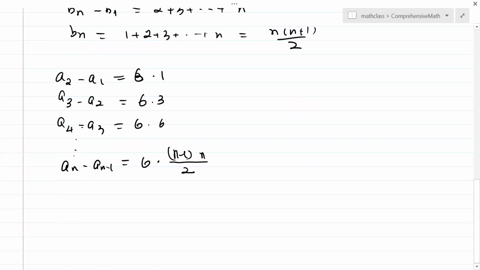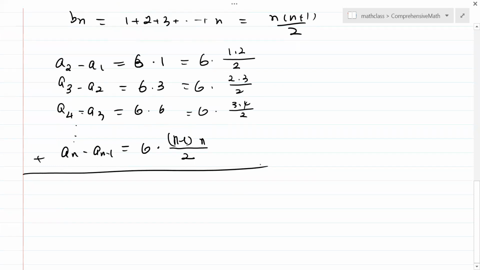you have to deal with another formula. So what you got here is 6 times 1 times 2 divided by 2. Okay, that's 6 times 2 times 3 divided by 2. Here's 6 times 3 times 4 divided by 2. So when you add them together, you get an minus a1.